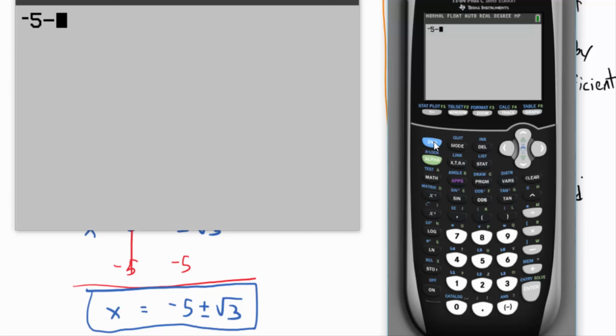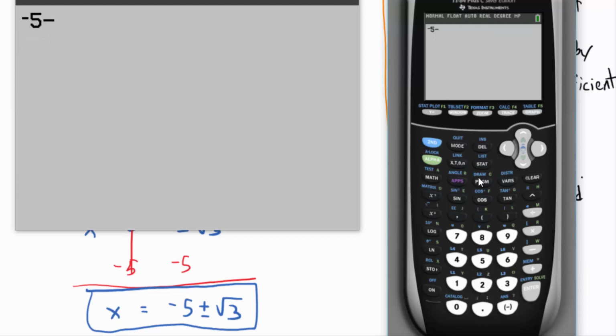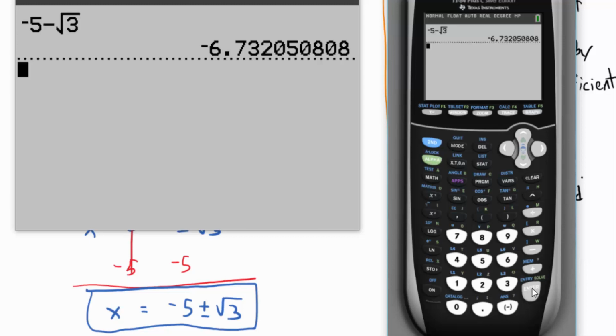Negative 5 minus, okay, second function x squared gets you the square root, and that's a 3. Press enter, and you get about negative 6.73.